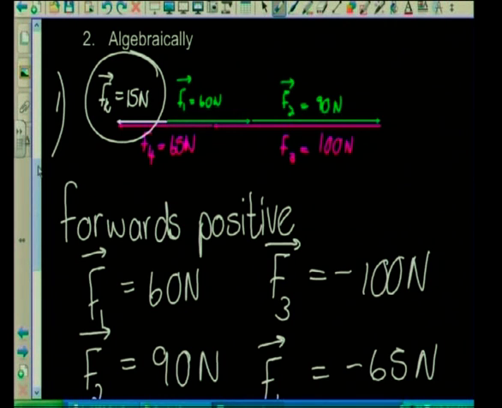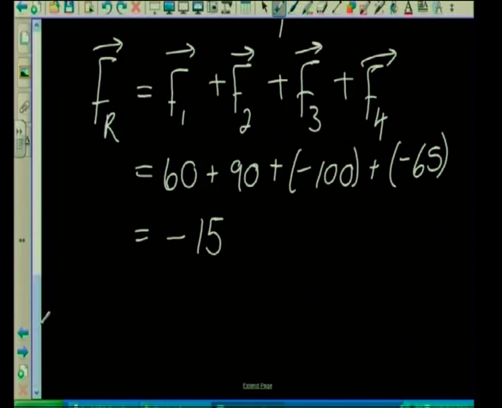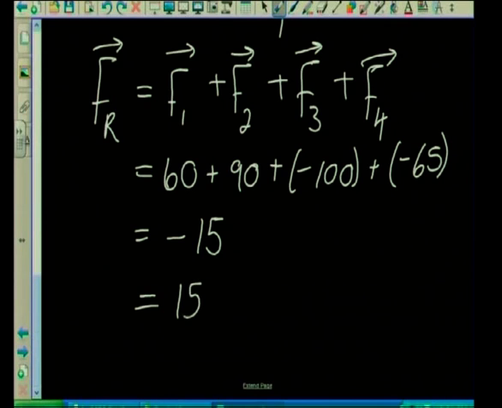We've now just got an answer of minus 15. The minus means it's going backwards. Vectors tell me I must have my answer as a positive answer with the direction in words. So that means my resultant is 15 newtons backwards. So the opposition's gaining ground here. 15 newtons backwards.